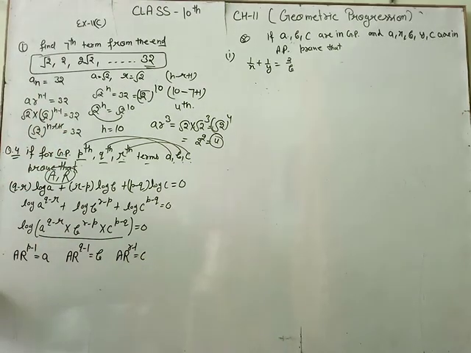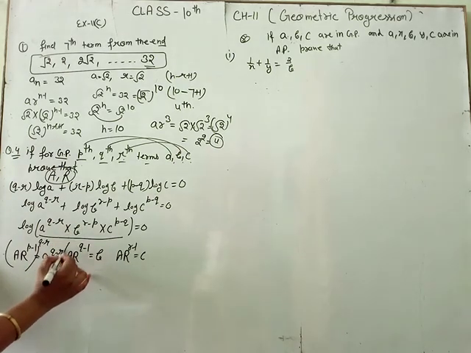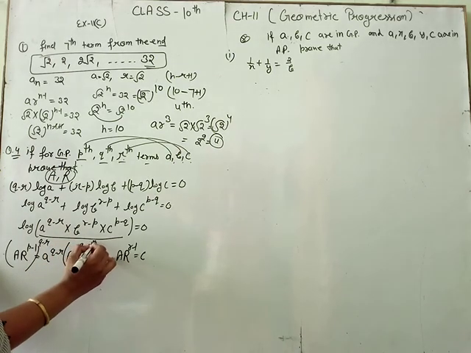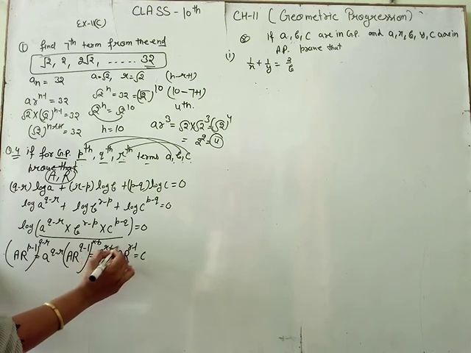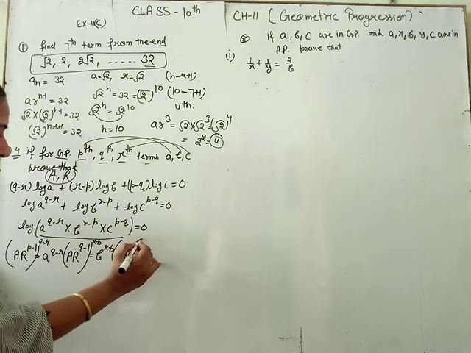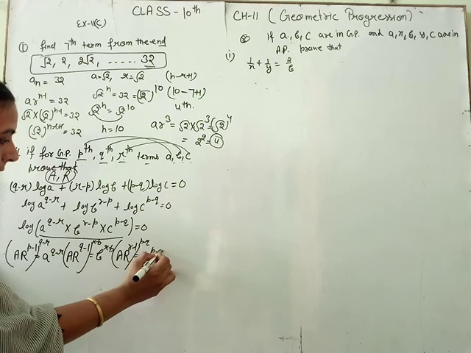But we need A raised to the power q minus r. We take both sides to the power q minus r, and likewise B raised to the power r minus p, and C raised to the power p minus q.